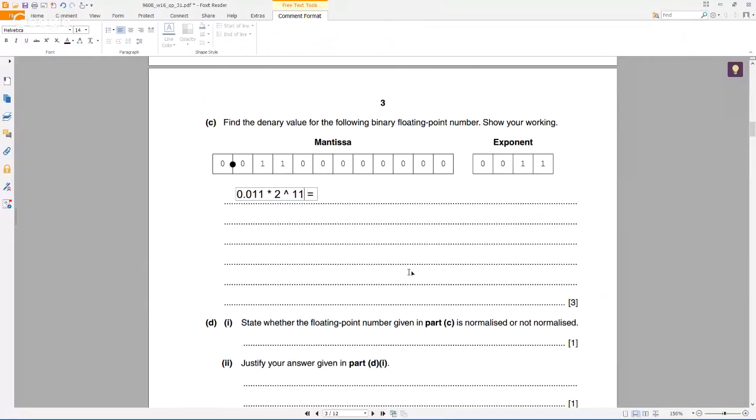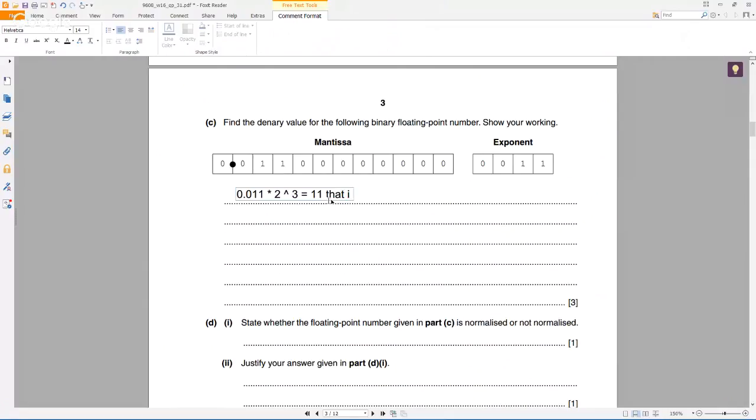So this 11 is actually, let me convert this into decimal. That means multiplying by 2 to the power of 3, and that means moving the dot 3 positions to the right. That will pretty much become 11. That value in decimal is 3.